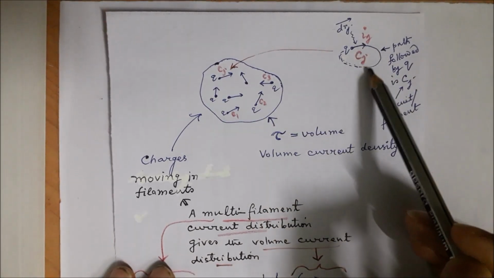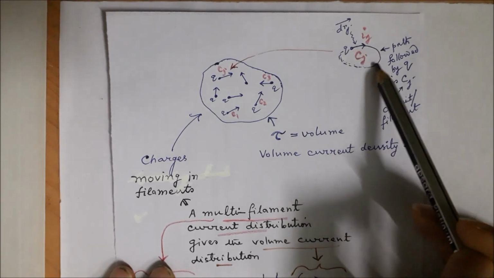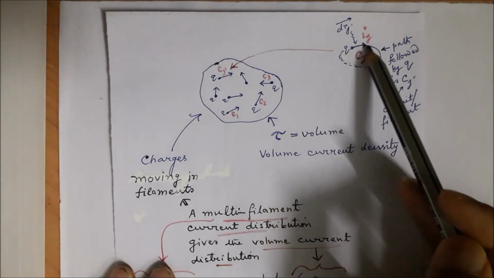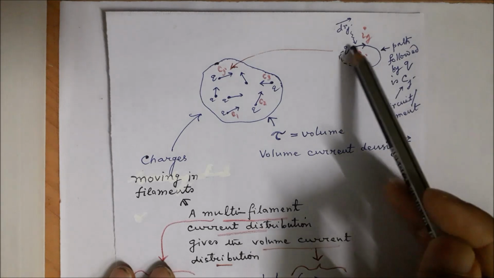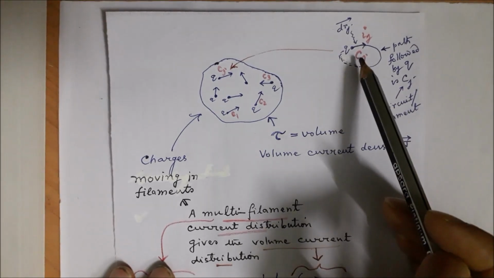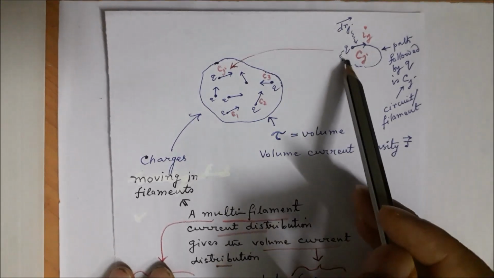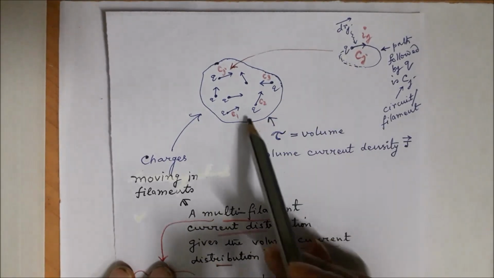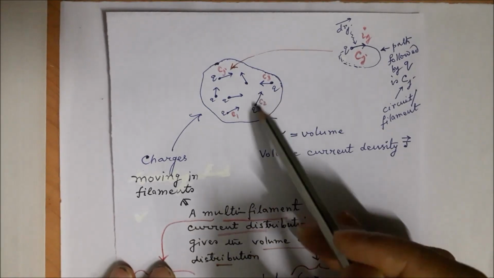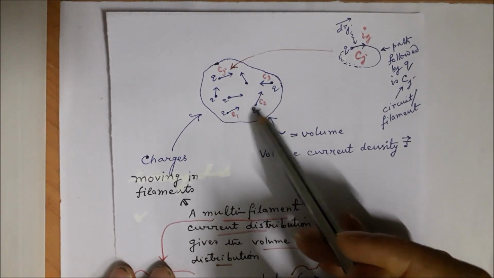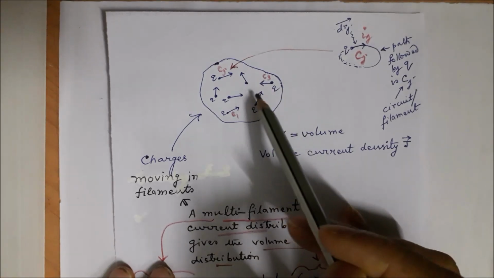In other words, it moves along a particular circuit, and movement of charge corresponds to current, meaning a current is flowing along this circuit, and a small portion of this circuit is dr. Suppose this is the jth circuit, this is the first circuit C1 along which some q is flowing, C2 is another circuit along which another charge is flowing, C3 is another one, along which another charge is flowing, and so on and so forth.